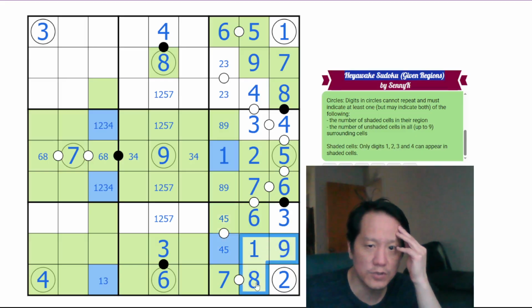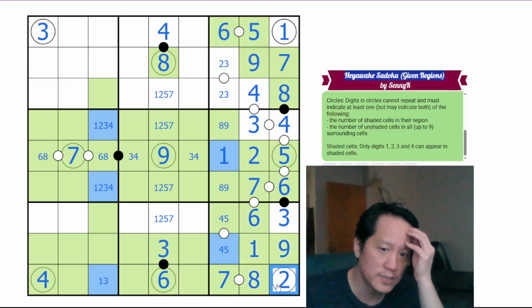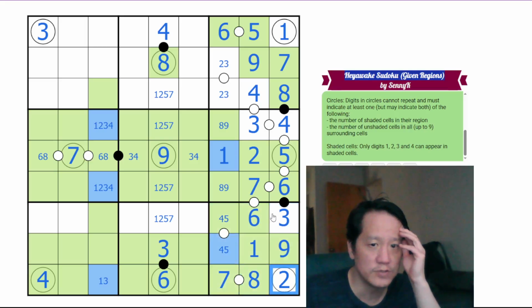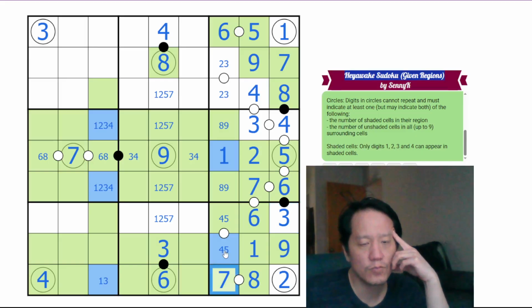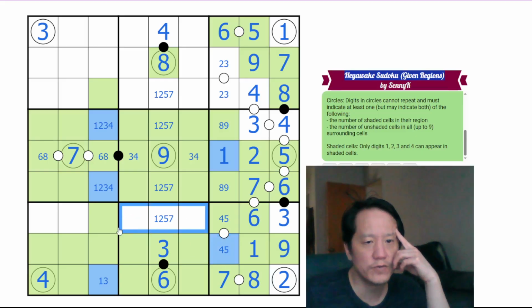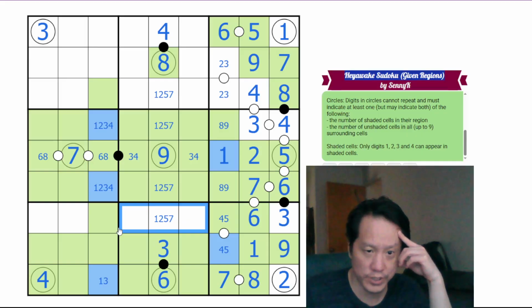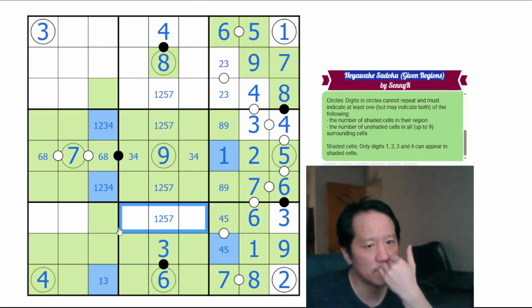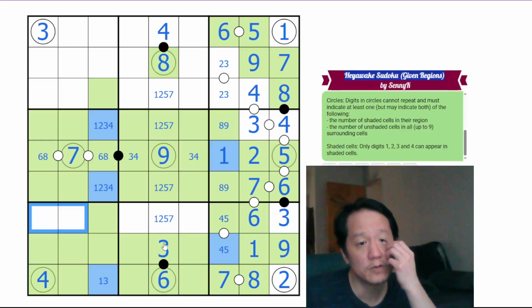Since this is 3 greens here, this doesn't count the number of unshaded cells, it counts the number of shaded cells in the region. So one of these is blue. This is blue here. One of these must be blue here. We're not sure which. This could be all green. We don't know.